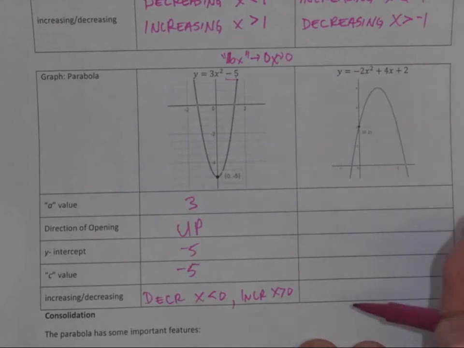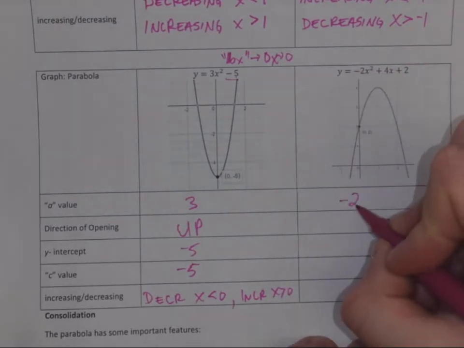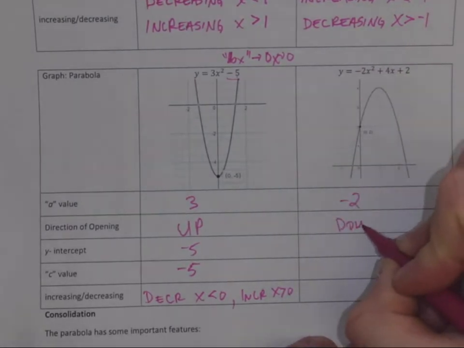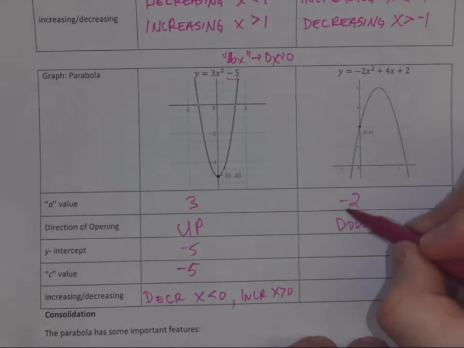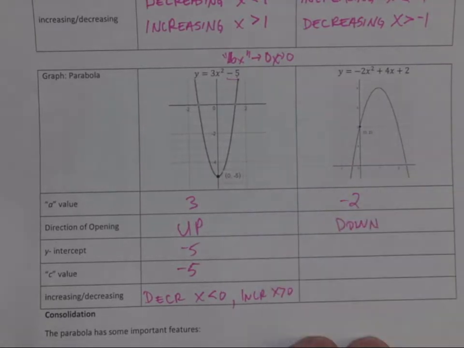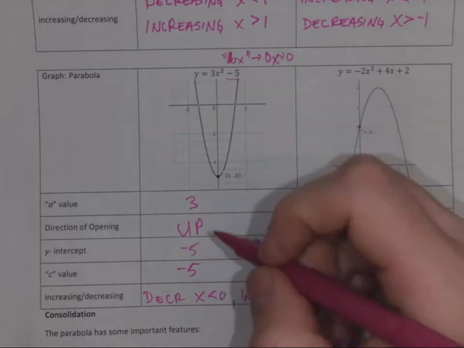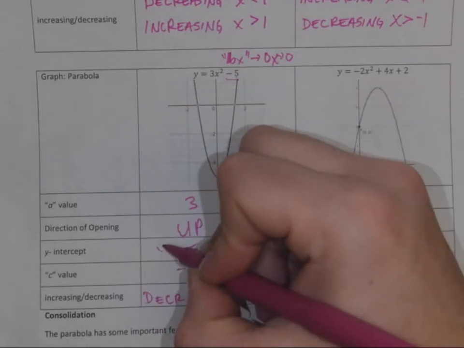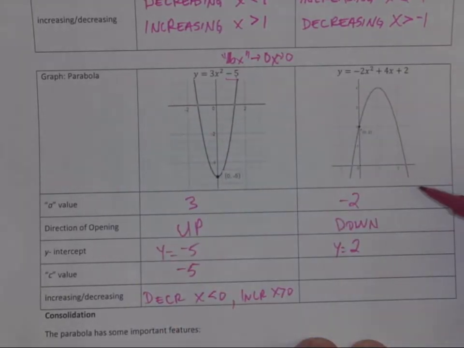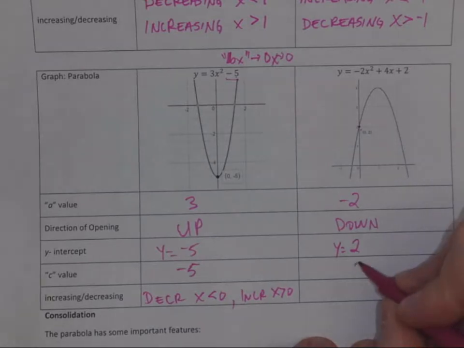If we look at this one, our a value, negative 2, and it opens down. Negative opens down, positive opens up. We look at our y-intercept, 2. We can put y equals, or because it's mentioned y-intercept, we don't necessarily have to put y equals. And our c value is 2.